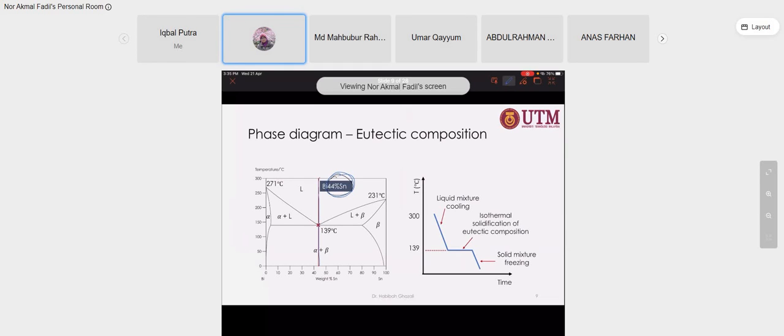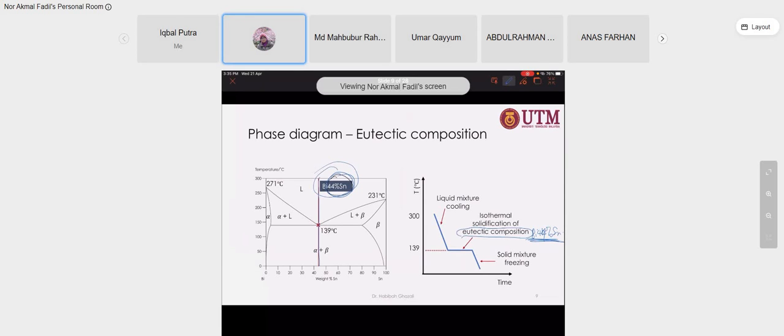What is the eutectic composition of the bismuth-stannum alloy? It is 44% stannum. When we talk about bismuth with 44% stannum, it is eutectic.